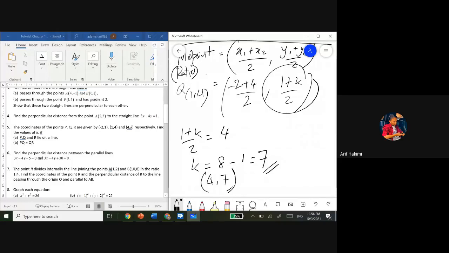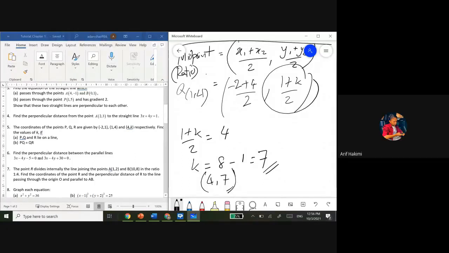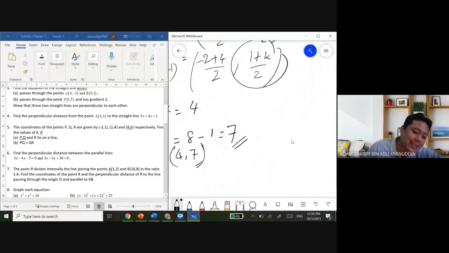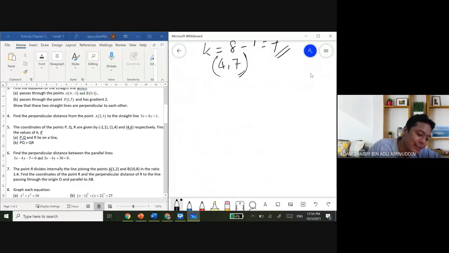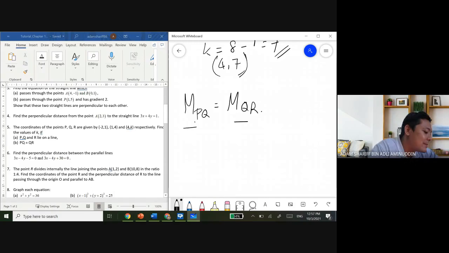Faham tak? Saya faham, cuma saya tak nampak apakah yang sama tu. Okay, saya nampak sikit. Kalau saya salah betulkan, pemahaman saya terhadap kamu ialah MPQ sama dengan MQR, kecerunan ke? Sebab dia kata PQR adalah satu line, kata dia tadi.